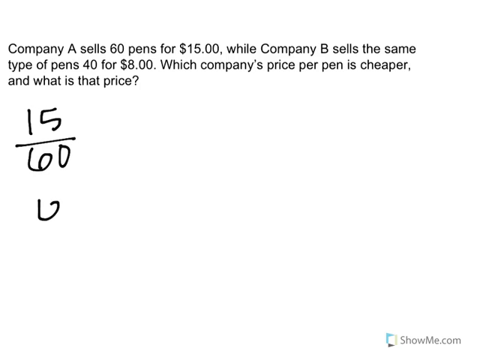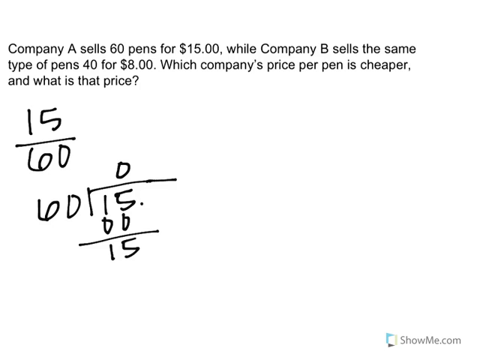So if you take 60 into 15, let's see what that gives us. Well, 60 can't go into 15, so we know that it goes in there 0 times. 0 times 0 is 0. 0 times 6 is 0. That brings down 15. So we're going to have to add a decimal and add zeros.